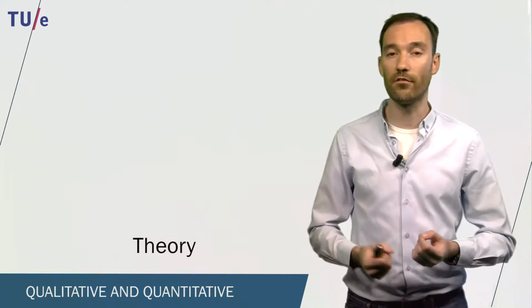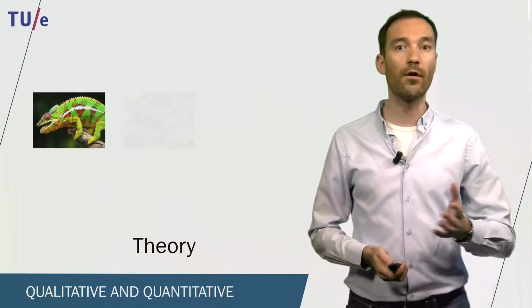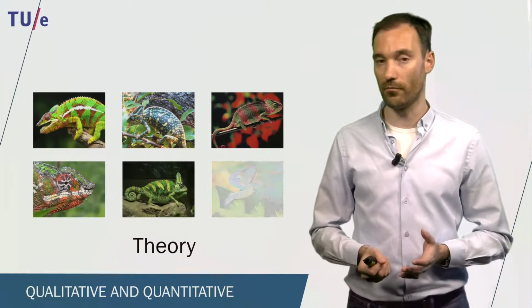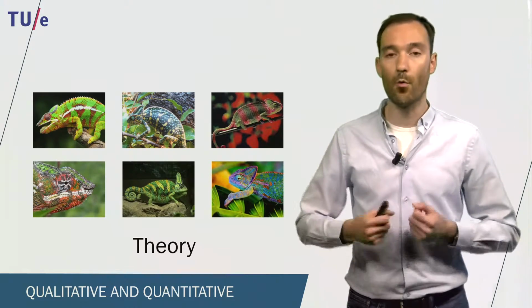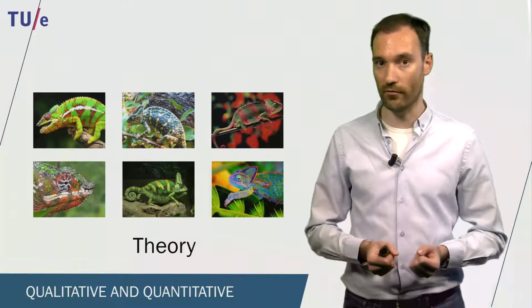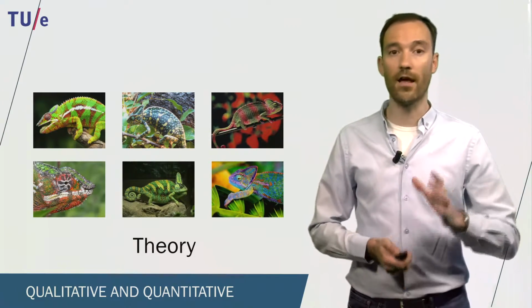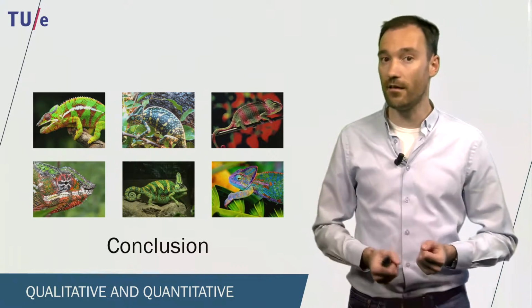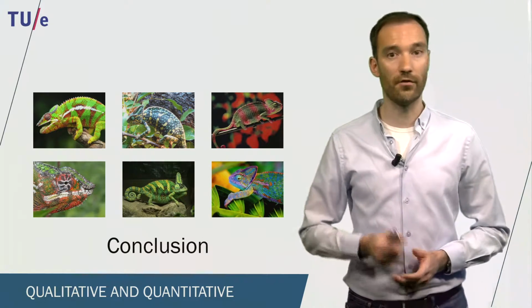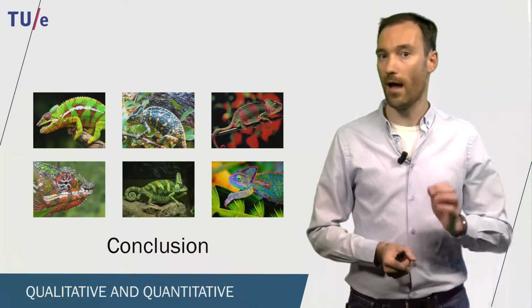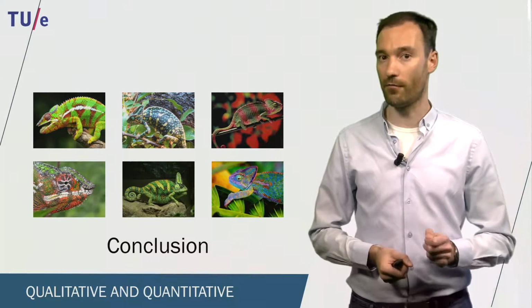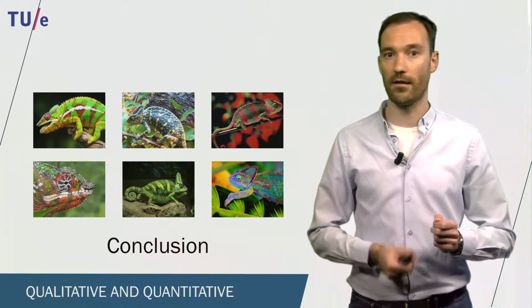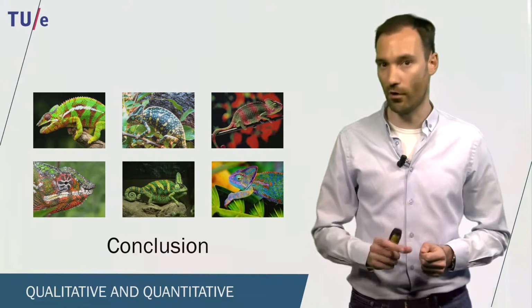In order to do this, I collect data from all kinds of different species of chameleons, and this data will tell me whether my theory is correct or not. And after analyzing all these different chameleons, I conclude that indeed they all have specialized cells that make them change color. I do have to note that some species of chameleons only have cells that can make them change from light to dark colors.